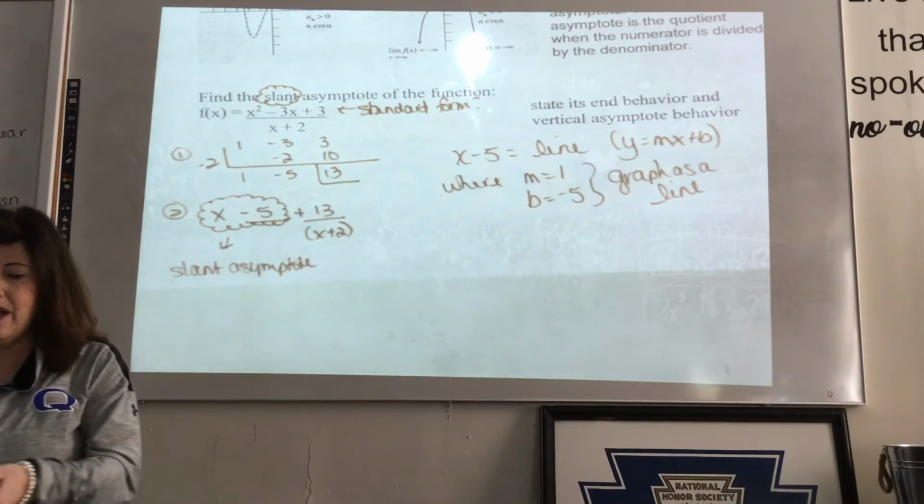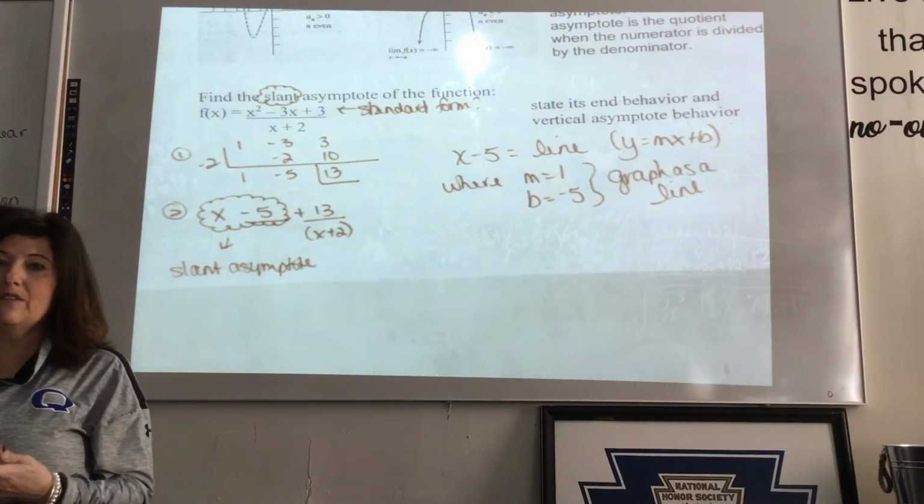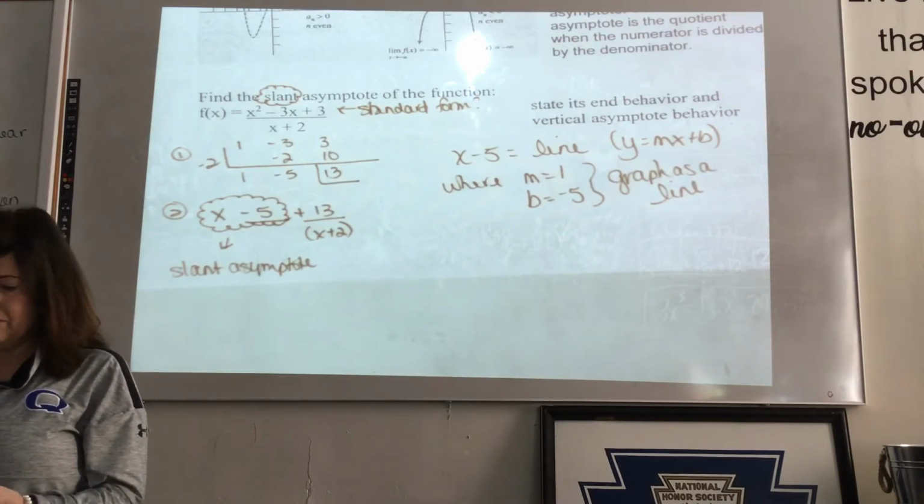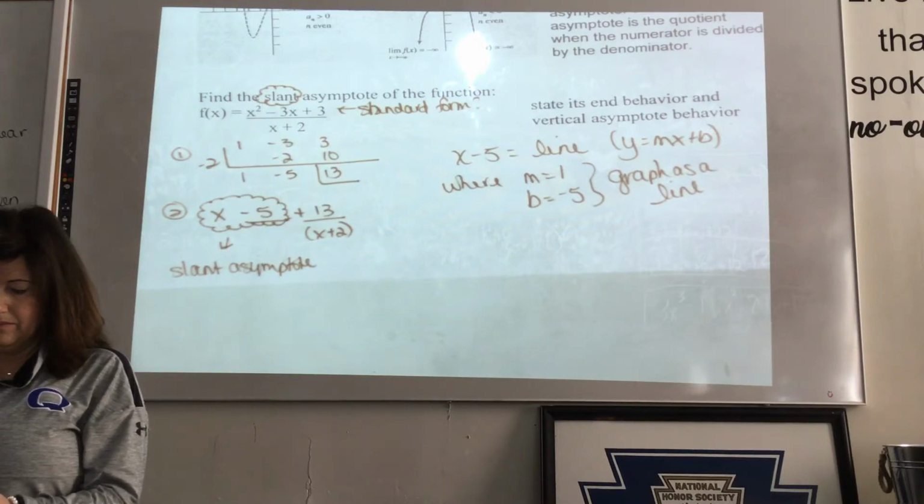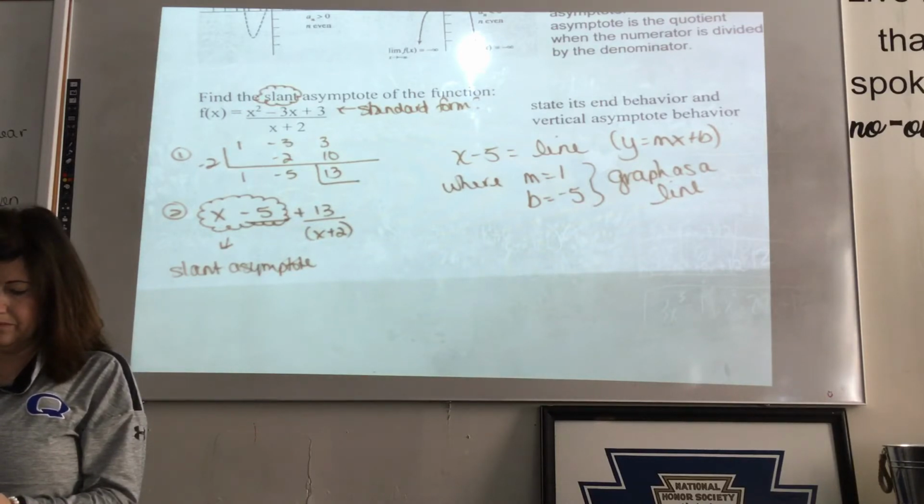Okay, so what I want you to do now is grab your calculator, because I want you to visually see this, and I want you to put in f of x, the original function.